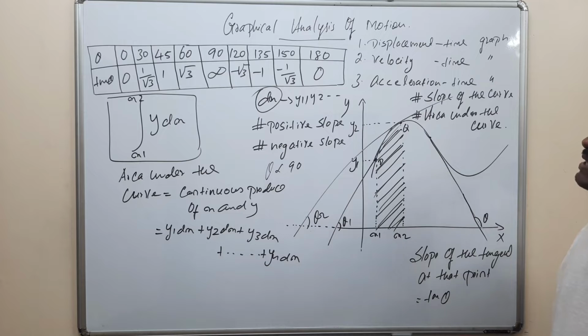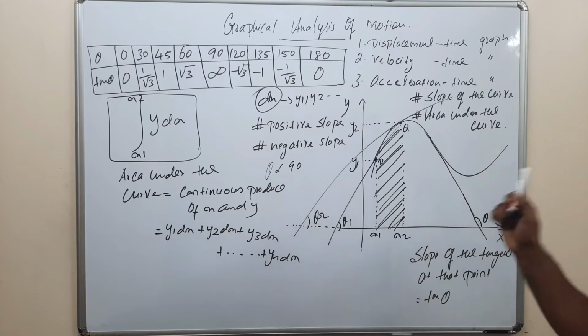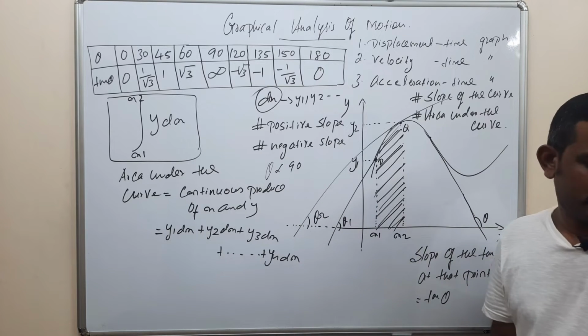So clear? That was the slope of the curve, positive slope and negative slope, and area under the curve.